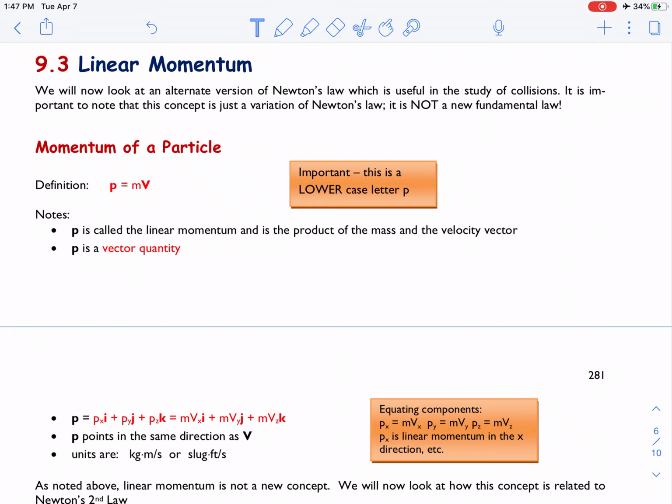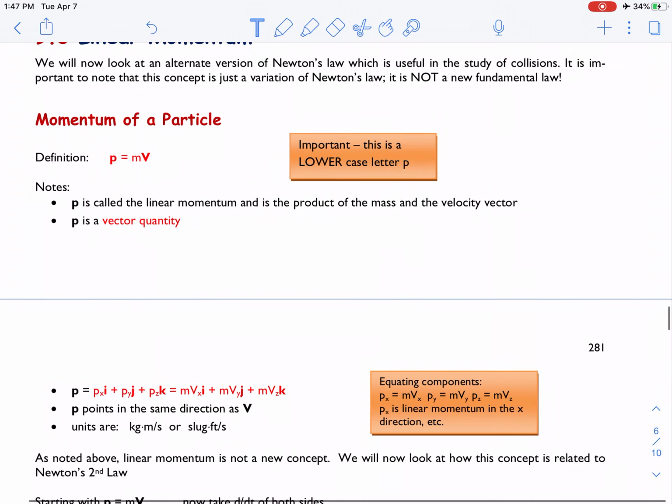And m is the mass of the particle, and v is the velocity of the particle. So p and v are bolded. That means p and v are vectors. Since mass is a scalar, that's the scaling factor. So you're multiplying mass with the velocity vector. That gives you the momentum vector. Okay, so momentum is also a vector.